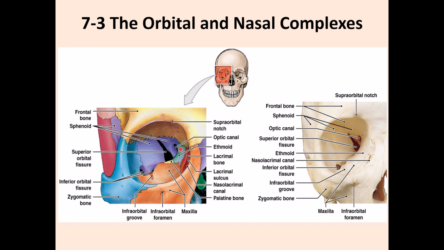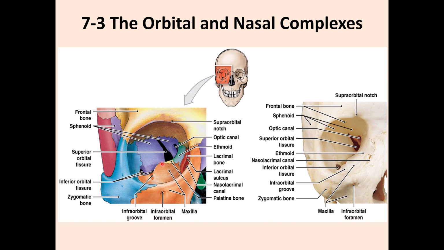Medially, you can see the ethmoid bone located more posteriorly, and the lacrimal bone with the lacrimal sulcus and nasolacrimal canal. These two are part of the lacrimal bone, which is located anterior to the ethmoid. And here is the maxilla, located anterior to both of these.